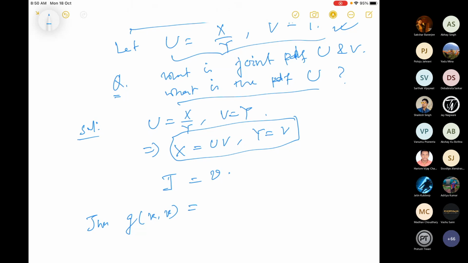So this will be mod J times f of r(u,v) comma s(u,v).